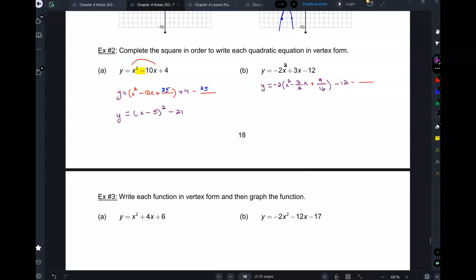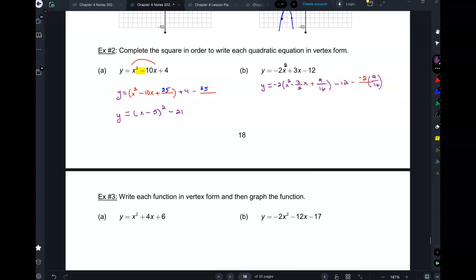But now here, you add in negative 2 times 9 over 16. Because we took out the negative 2 before, here you have to recompensate for that negative 2. Just write plus.